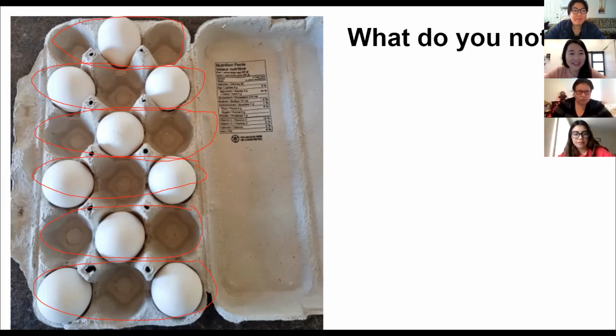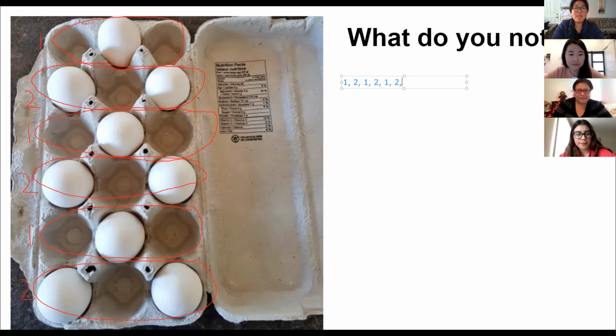So in the first row, there is 1 egg. In the second row, there are 2 eggs. And the pattern continues. Yes, there's a pattern, everyone. 1, 2, 1, 2, 1, 2.